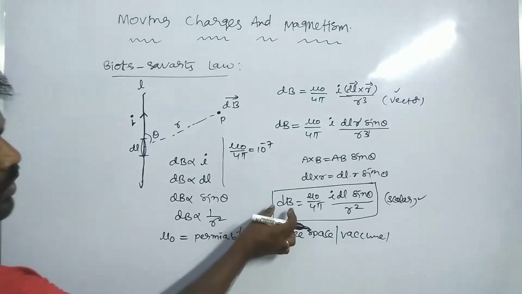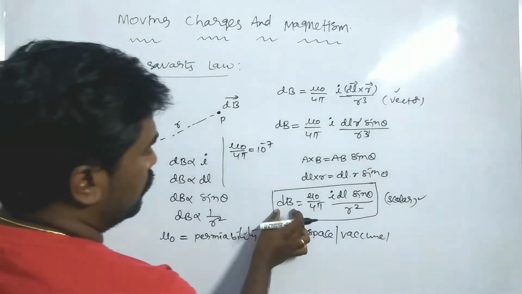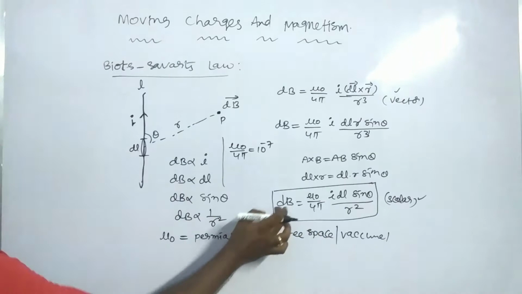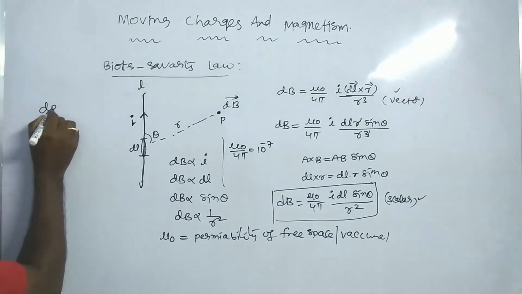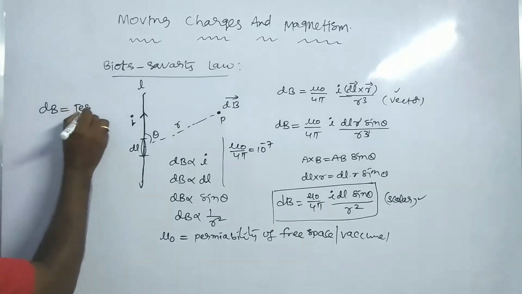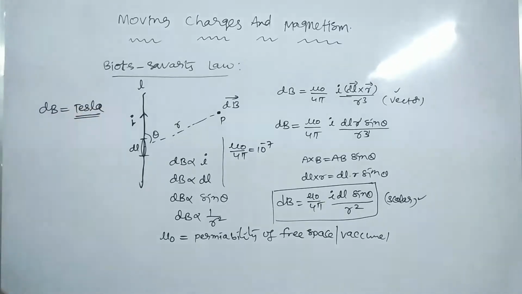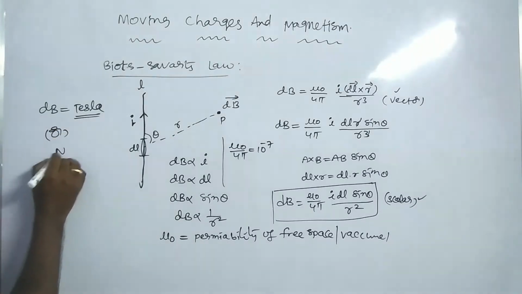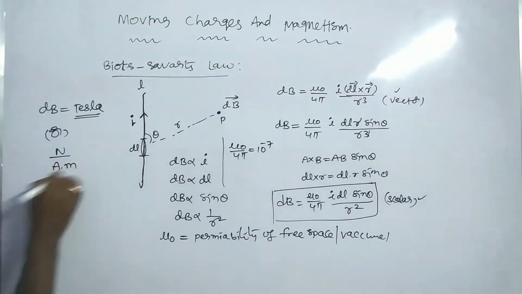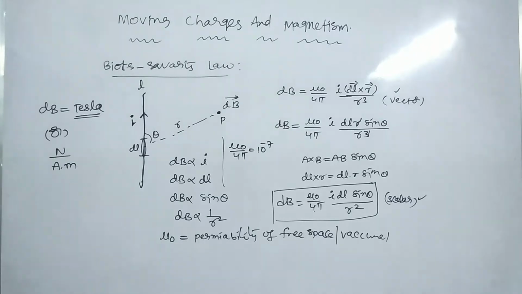The unit of dB is Tesla, or it may be Newton per ampere meter. These are the units of dB.